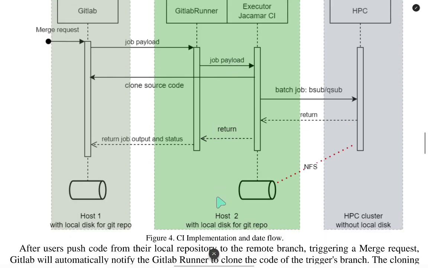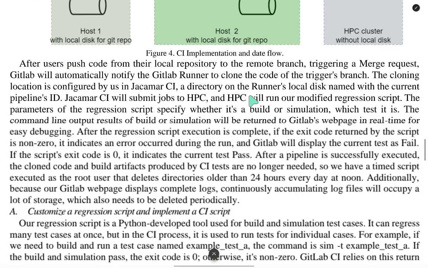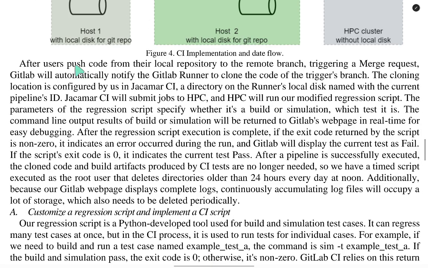Figure 4 is the CI implementation and data flow. After users push code from their code repository to the remote branch, triggering a merge request, GitLab will automatically notify the GitLab runner to clone the code of the trigger branch. The cloning location is configured by us in Jacamar CI, a directory on the runner's local disk named the current pipeline ID.